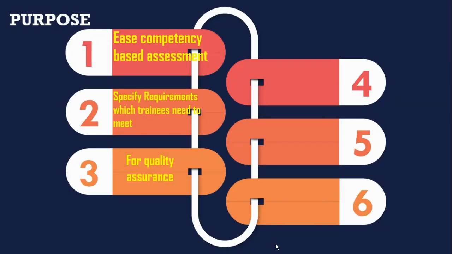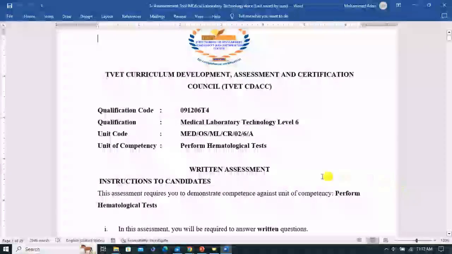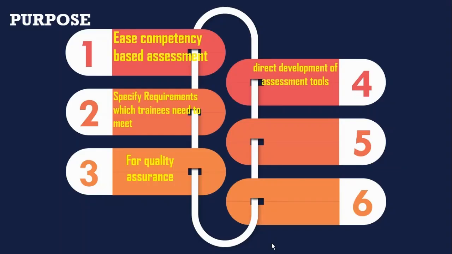The other bit is it directs development of assessment tools. And basically, you're going to look at how it does that. It can be used to develop what we call performance criteria weighting, because it addresses all the elements and all the performance criteria for that particular unit of competency.